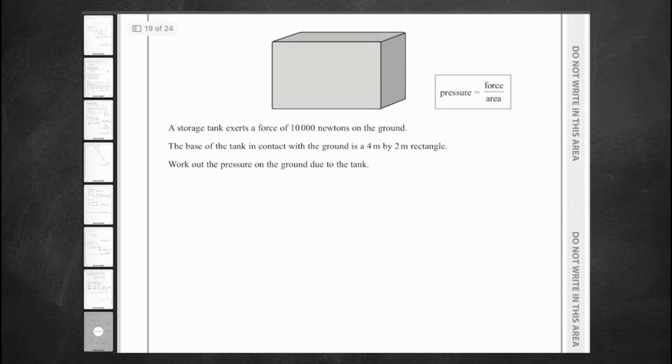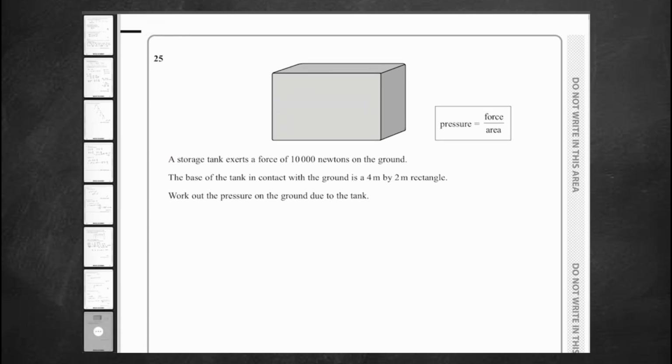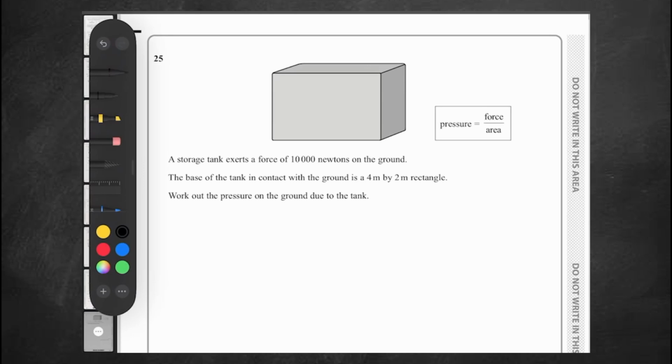Question 25. A storage tank exerts a force of 10,000 newtons on the ground. We're given the formula for pressure in the box. The base of the tank in contact with the ground is a 4 by 2 meter rectangle. Work out the pressure on the ground due to the tank. So we need pressure equals force over area.